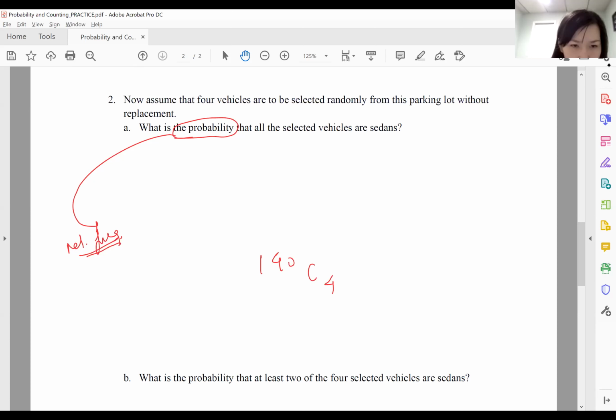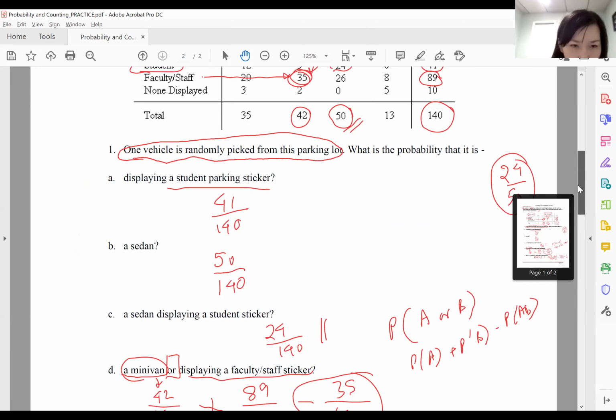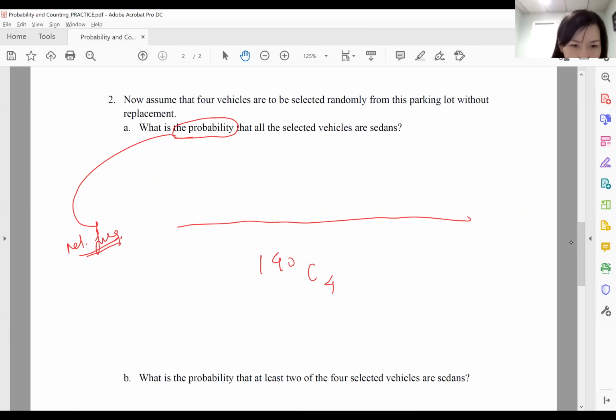So the numerator is the specific scenario in which I'm choosing 4 vehicles such that all of them are sedans. What would the numerator be? How many sedans are there? 50. Of those 50 sedans, how many will be chosen? All 4 will be chosen.